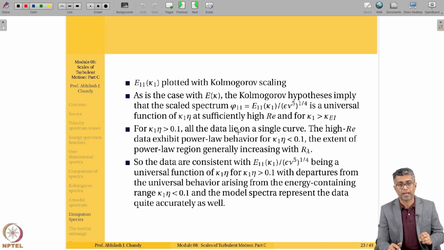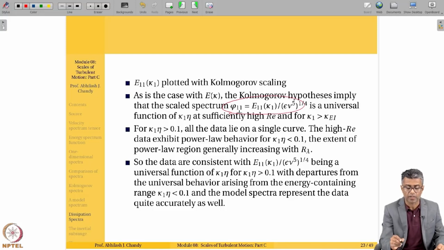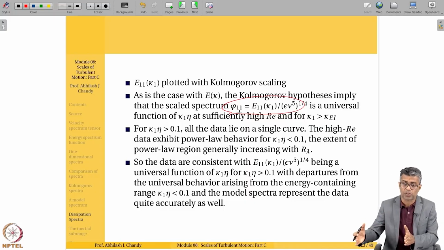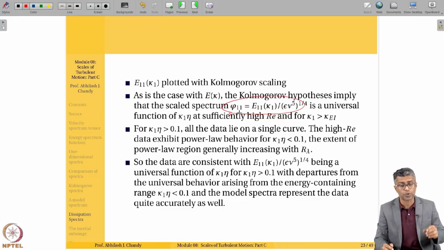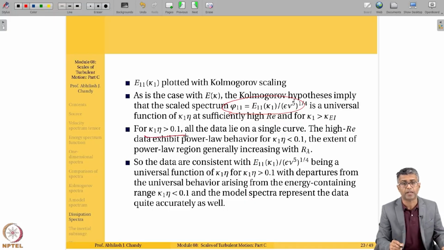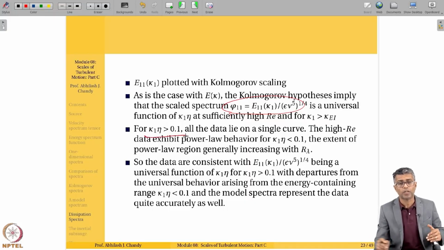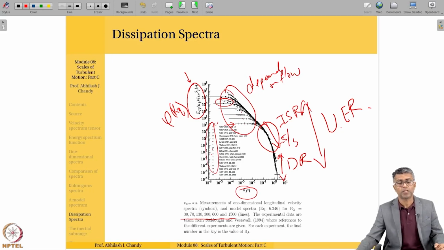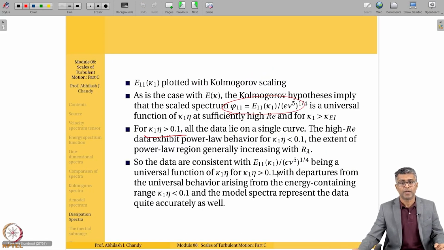And they imply that this function here is a universal function of kappa 1 eta at sufficiently high Reynolds numbers and for kappa greater than kappa EI, as in the universal equilibrium range. So in this particular figure, you will see that for kappa eta greater than 0.1, all the data lie on a single curve. That is what you're seeing here. All the data lie on a single curve, isn't it?